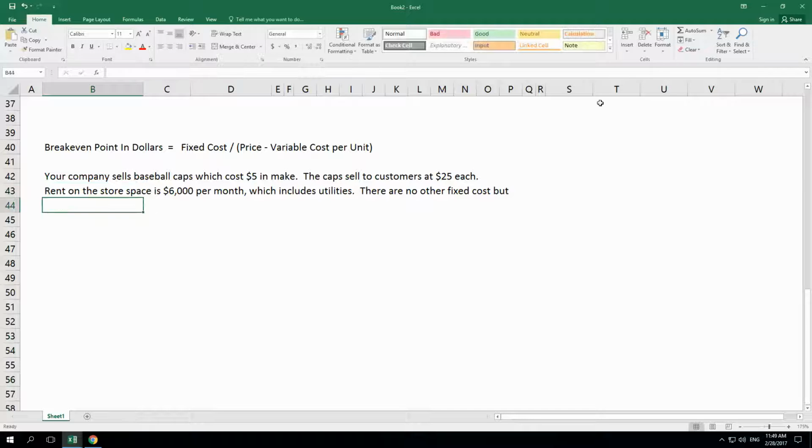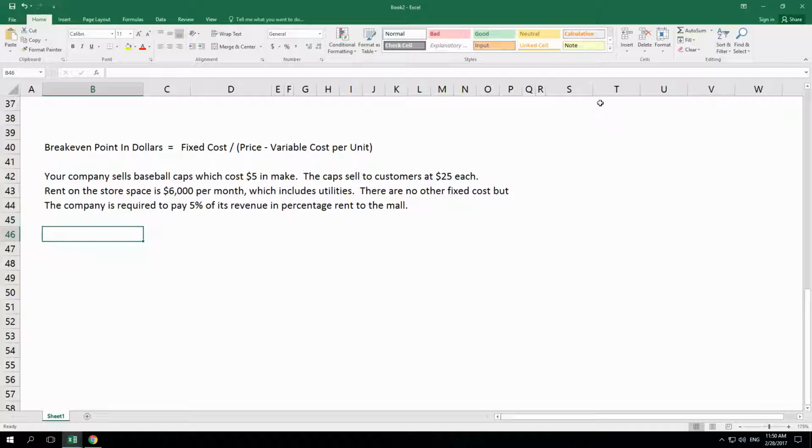But the company is required to pay, let's make this simple, 5% of its revenue in percentage rent to the mall.